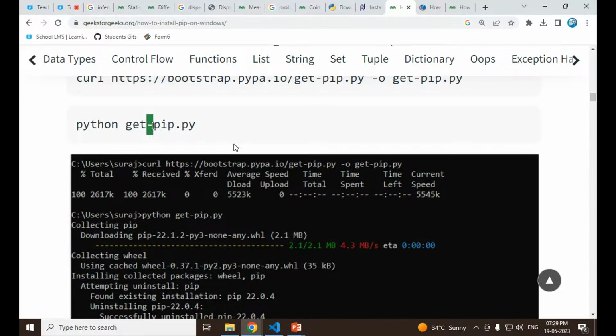This space here, we can have this. Space, right? Minus.